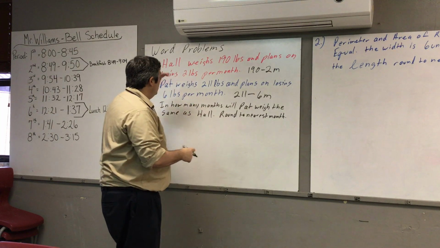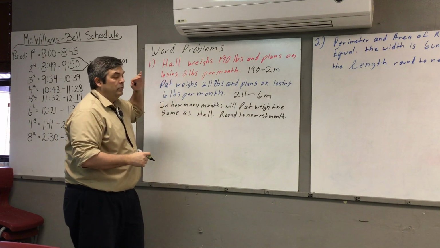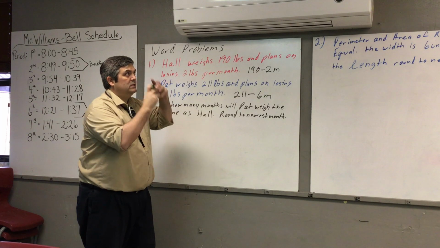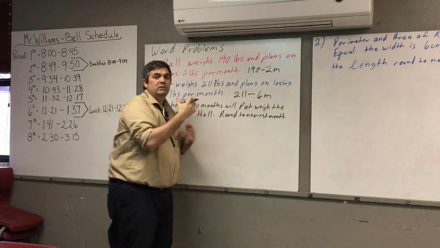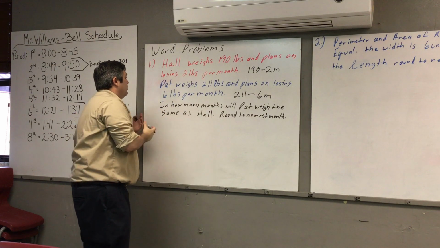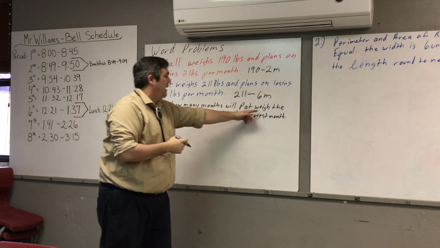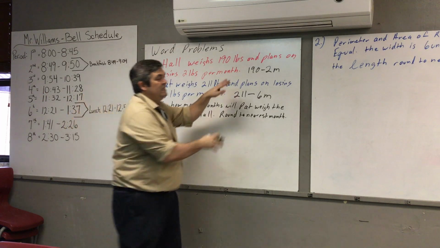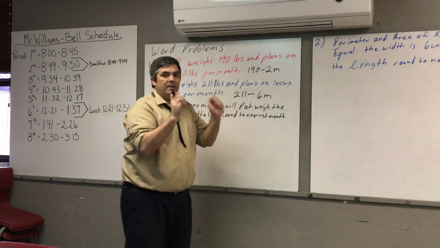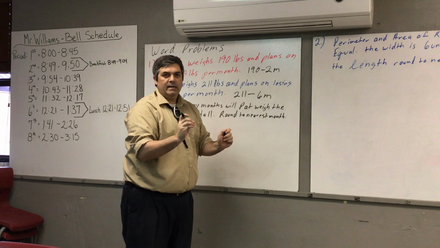So you have to pay attention to the words that they're using, notice the sequence and the types of words like losing, what's going on there. Now what they said is, in how many months will Pat weigh the same as Hall? So when will these two things be the same, is what they're asking here.